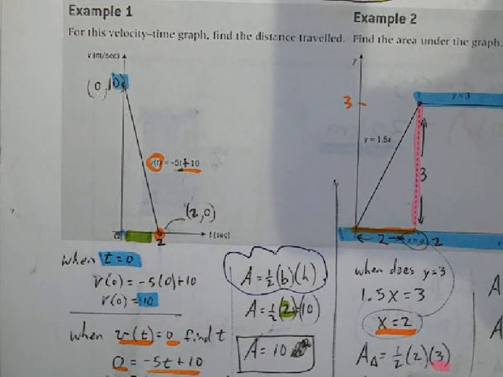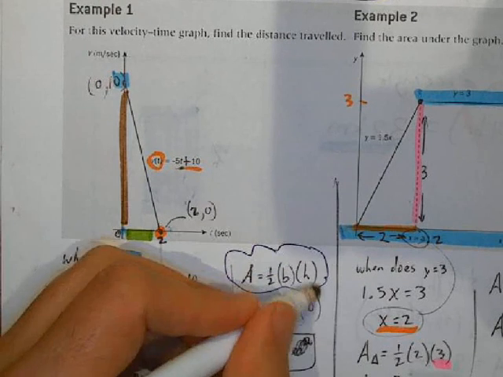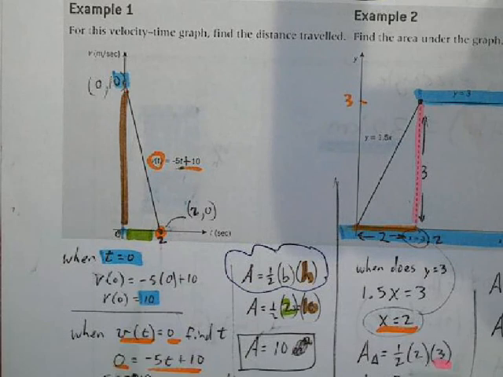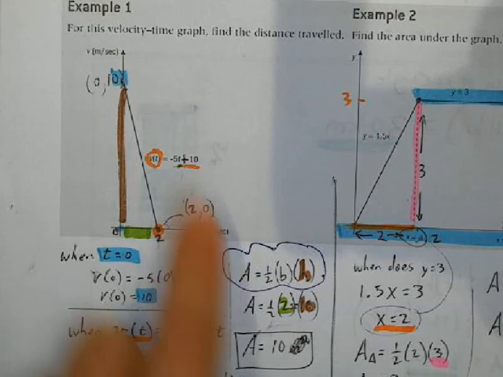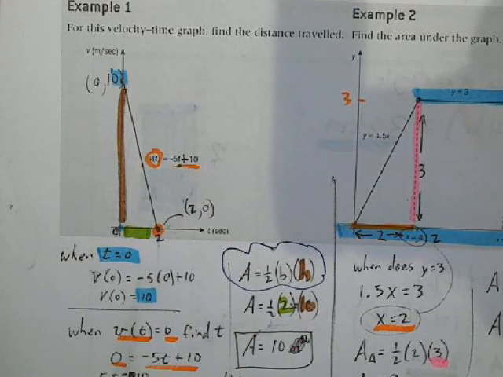So my height here is 10. My base there is 2. And so 1/2 base times height, area of a triangle, we end up with the area is 10. Okay, and this is meters per second times seconds, so this is 10 meters is the distance.